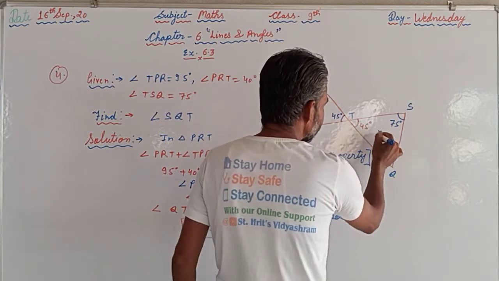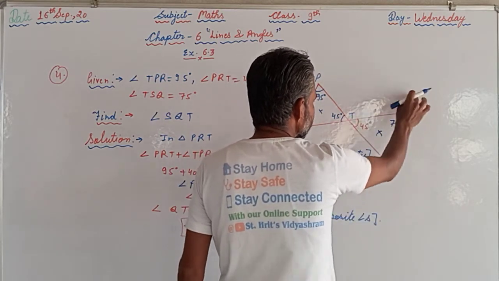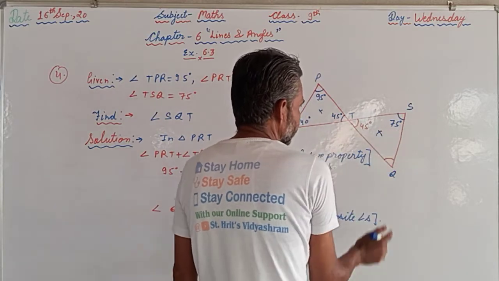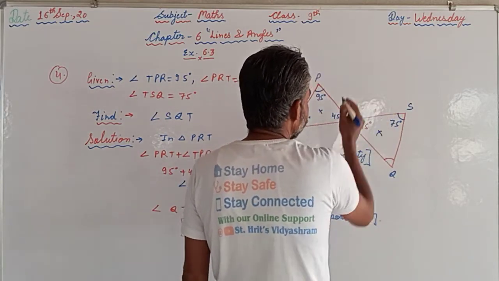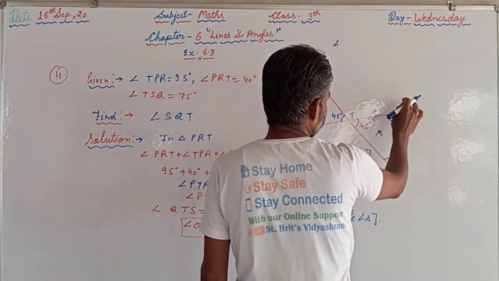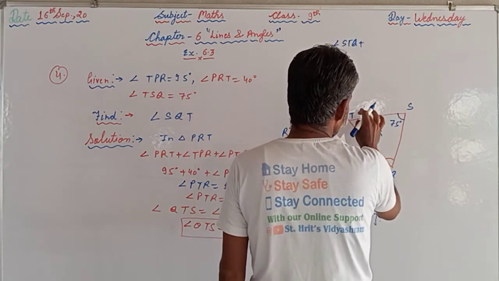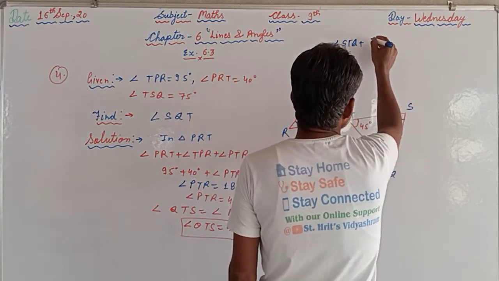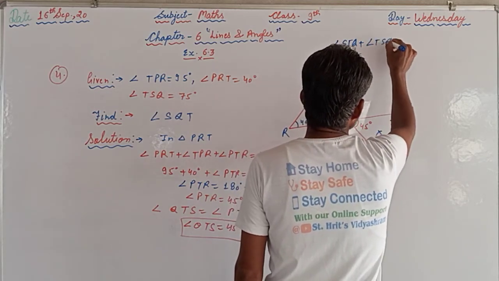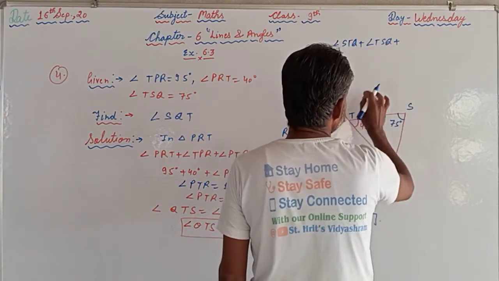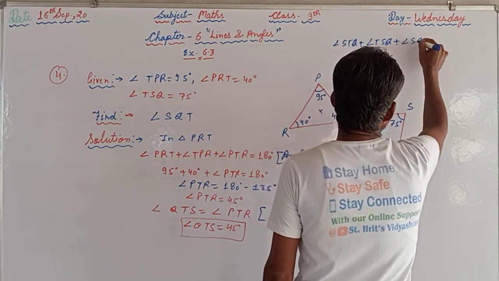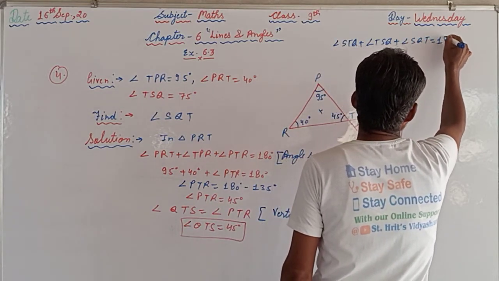So now in this triangle STQ or TSQ, the two angles are known. So we can write in that angle STQ plus angle TSQ plus angle SQT will be equals to 180 degree.